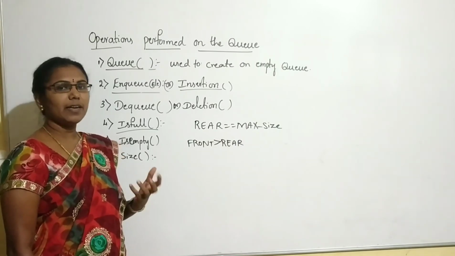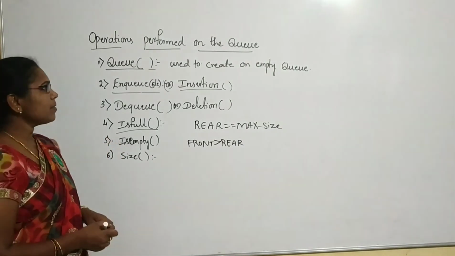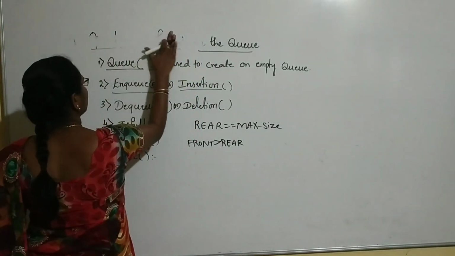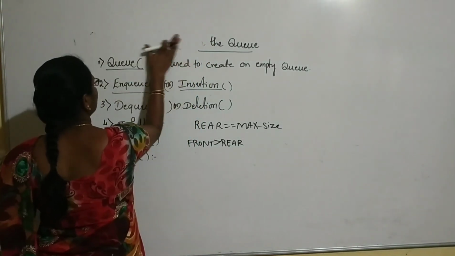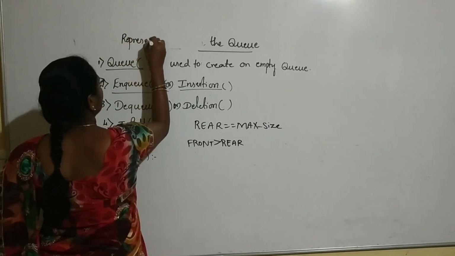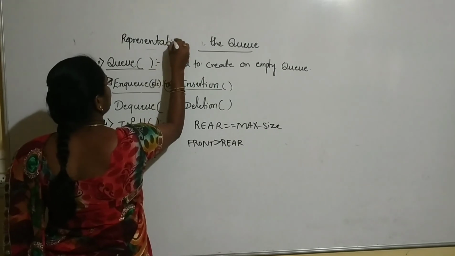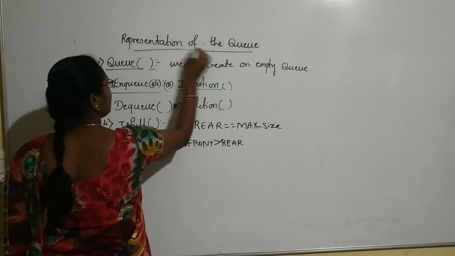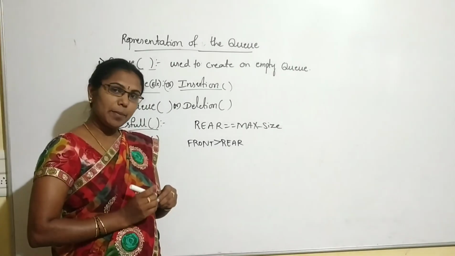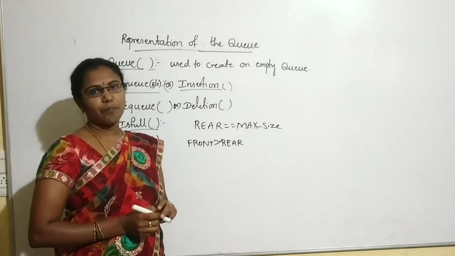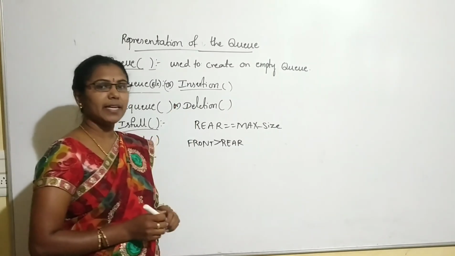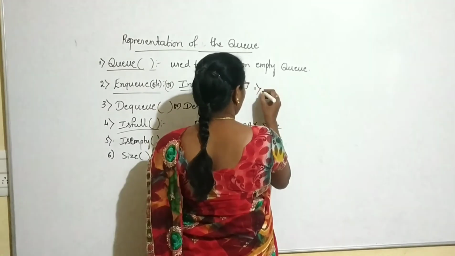Clear students? The next concept is the representation of the queue. The queue can be represented in memory using two methods.